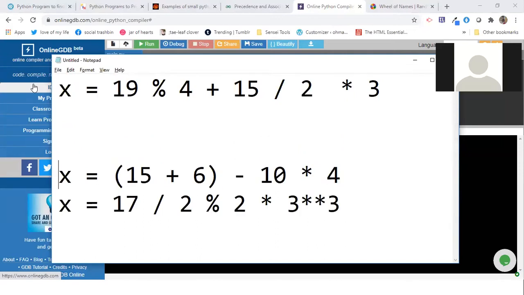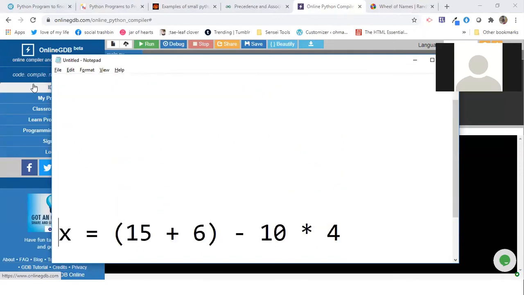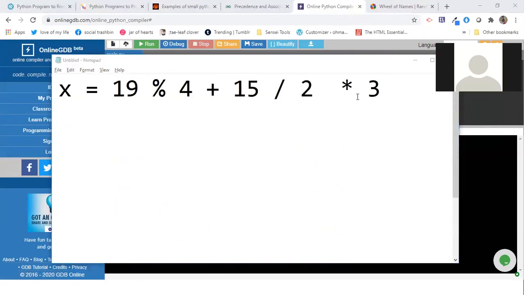19 modulus division 4 plus 15 divided by 2, multiply to 3. What is your answer? 25.5, ma'am. 25.5.